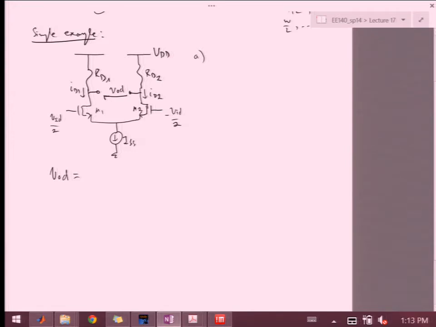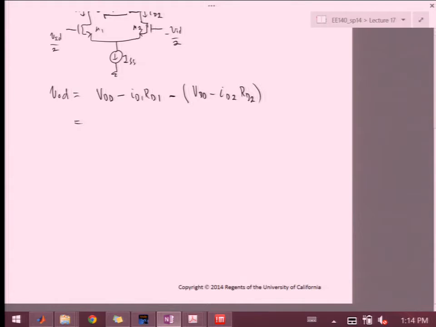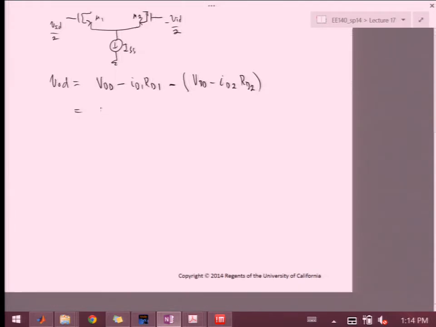So I can figure out this voltage difference as VDD minus ID1 RD1, which forms the voltage over here, minus the voltage on the other side, which is VDD minus ID2 RD2. Okay. From here, the VDDs cancel out, and this is equal to ID2 RD2 minus ID1 RD1.